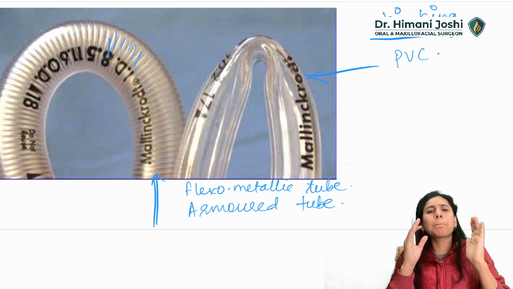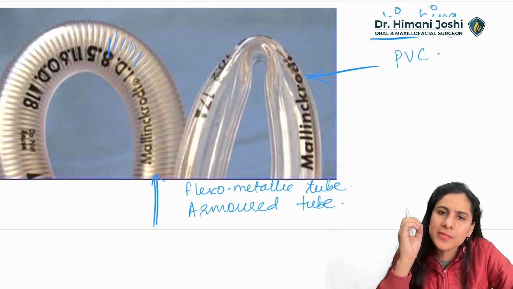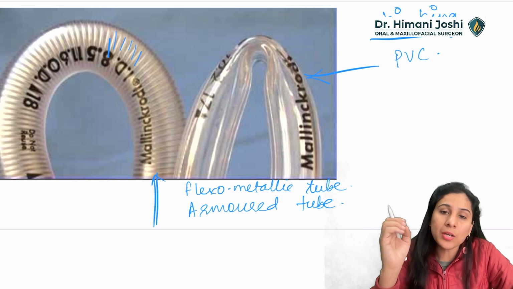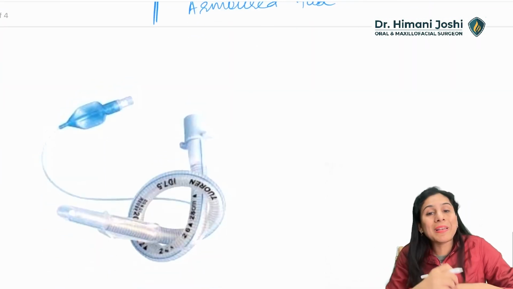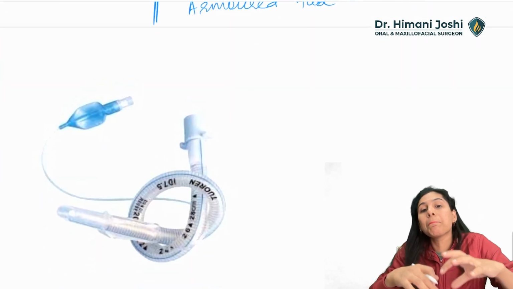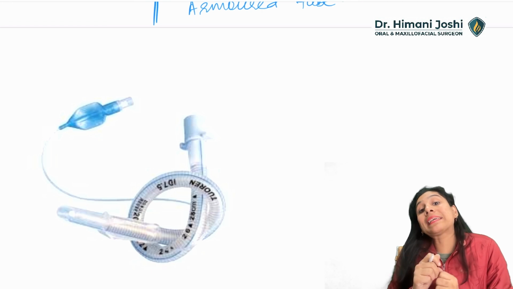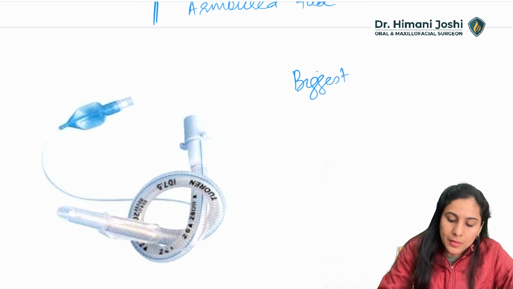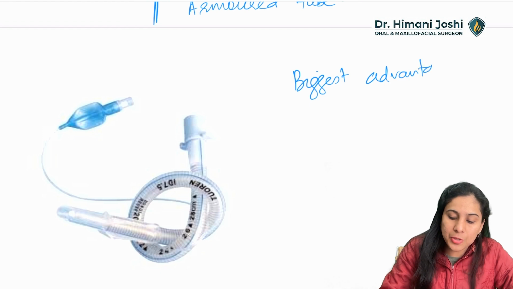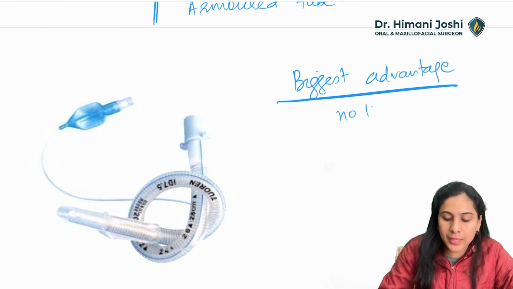So these are the basic two types of tubes: the simple PVC tube or the armored or flexometallic tube. Okay, even if you completely bend this tube, it will bend, it will not kink, and that is the biggest advantage of a flexometallic tube. It will not kink, no kinking.